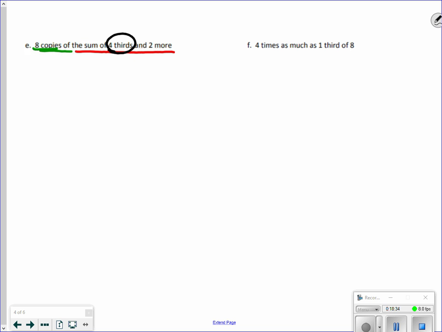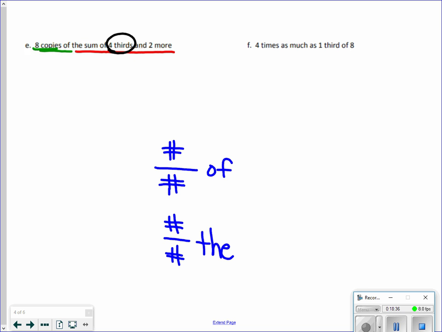So 8 copies of the sum of 4/3 and 2 more. So that is your expression.